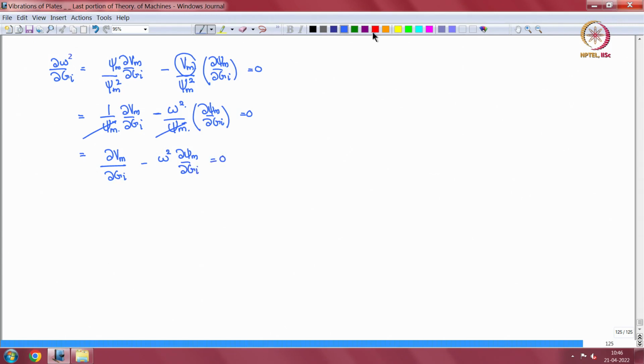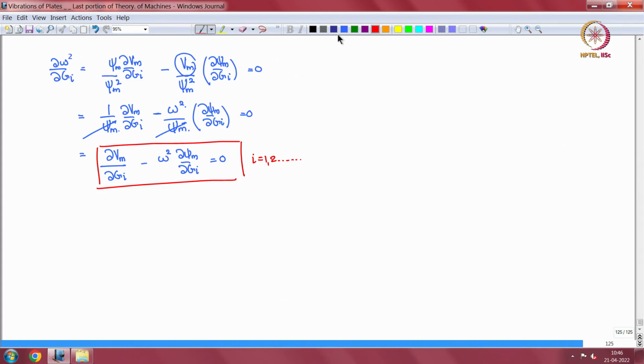This is the set of equations where i is the index, i goes from 1, 2 and so forth, as many terms as I have taken in my summation.